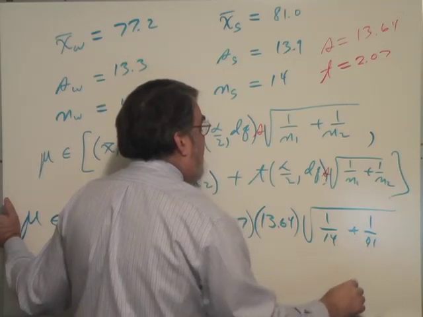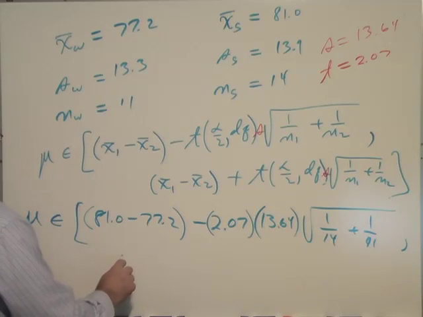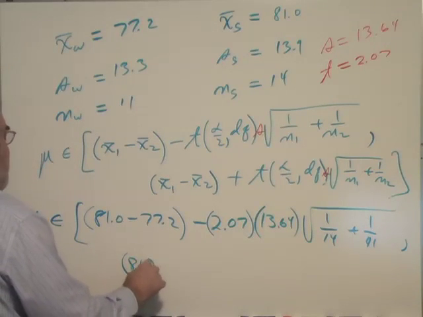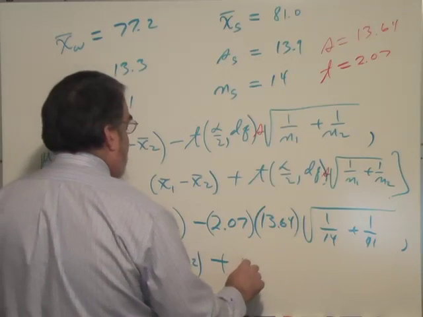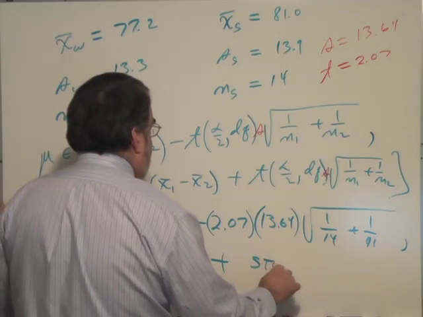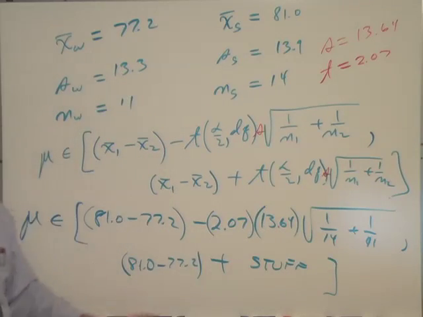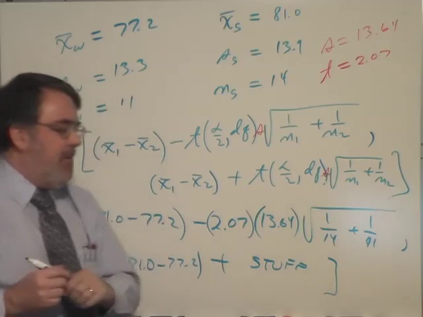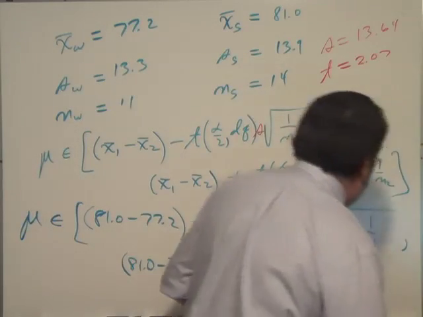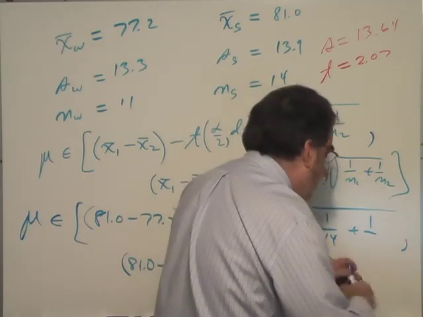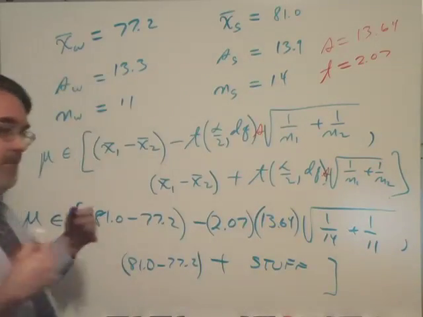Those were sample sizes. Comma. And then it's going to be 81.0 minus 77.2 plus all that stuff, which is the margin of error. So rather than write this again, let me clean up my board a little bit. This should look like an 11 here. 1 over 14 plus 1 over 11. You got that?